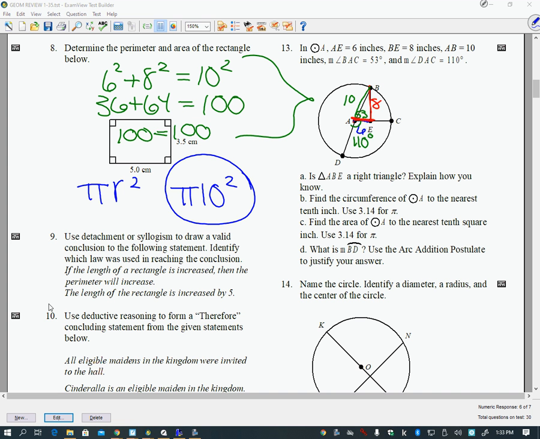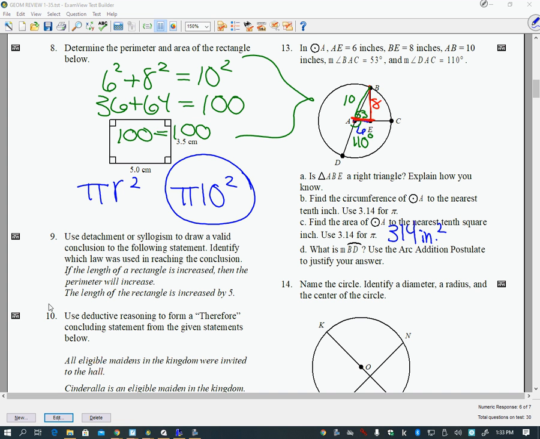If our radius is 10, pi r squared, but they want you to use 3.14 for pi. 314. And because it's area, we know that we're working with inches, so it should be inches what? Squared. So 314 inches squared is our area.